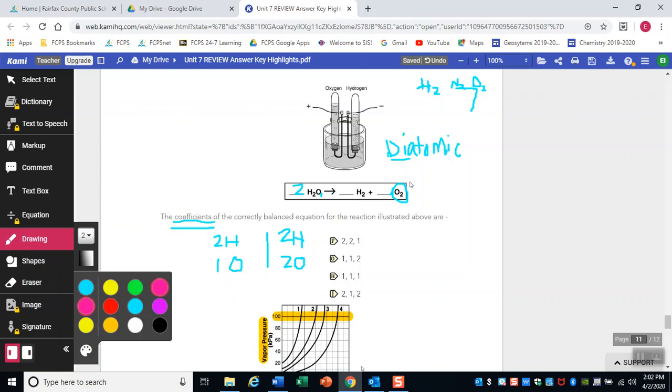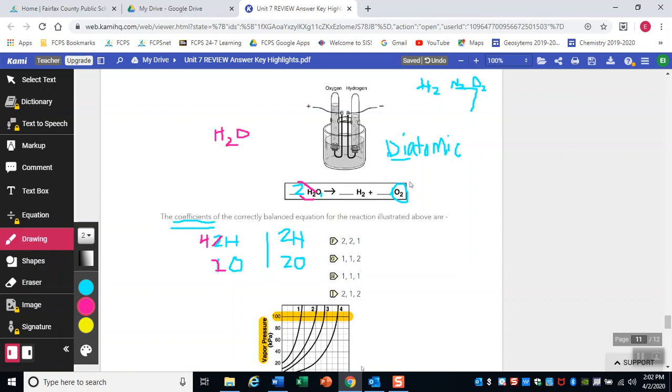And now I have 2 oxygens, and 2 oxygens. So that works out good. But I have 2 times 2, I have 4 hydrogens, right? Because this was H2O.